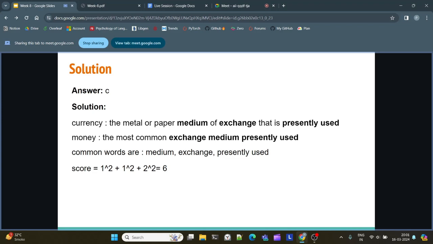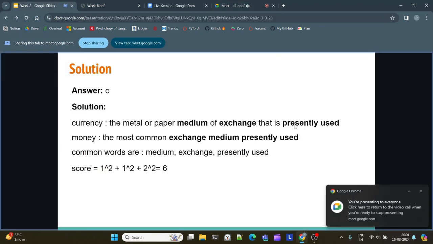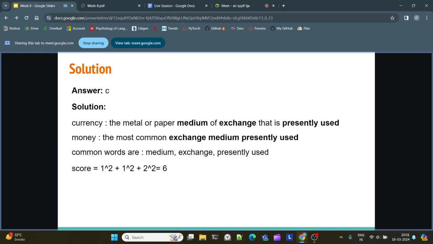Here exchange and medium are taken as unigrams, and presently used together as a bigram. Medium occurs here and also here, and they are common unigrams, so that is why we have taken them as two separate unigrams.